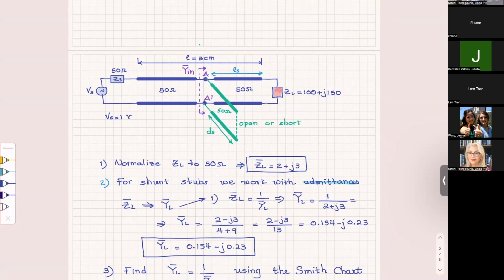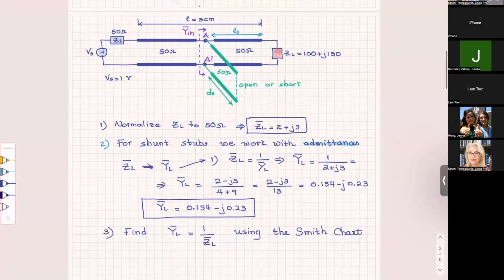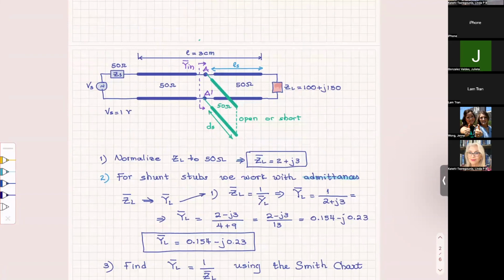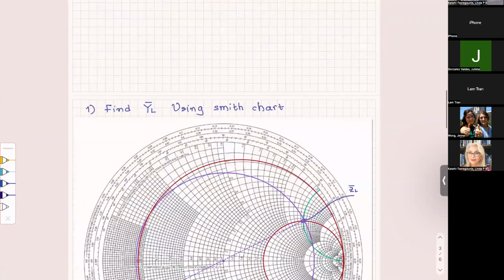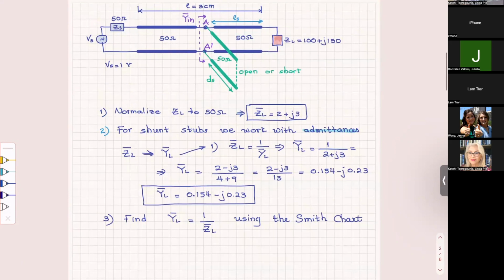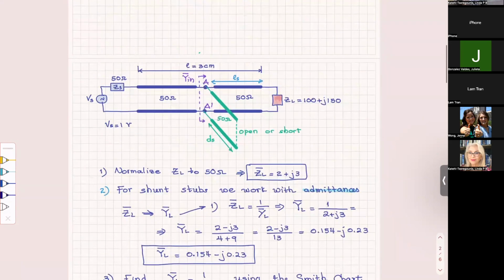So this one, if we put the stub there, the input admittance, Y input, is going to be equal to YS plus Y input at AA prime, whatever comes from the line.